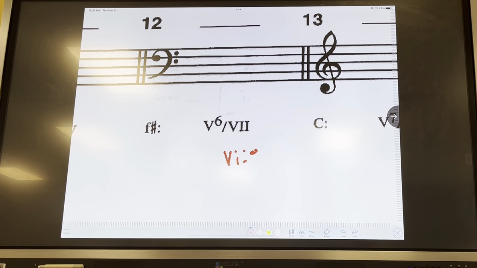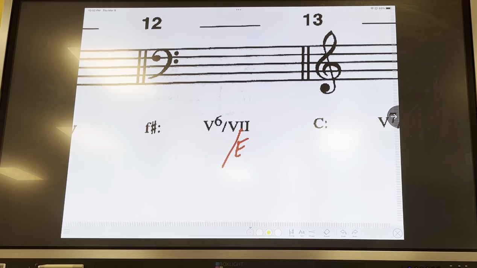But if I'm using the natural minor, it's going to be major. So to find that 7th scale degree, it's not E sharp, it's just what? E. Does it make sense? So you have to kind of think a little bit. This is an exercise that really makes you put all the pieces together and really understand what it's asking for. So the seventh scale degree is E.